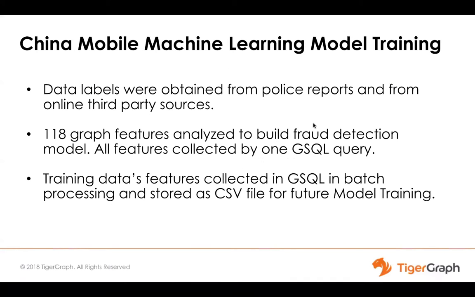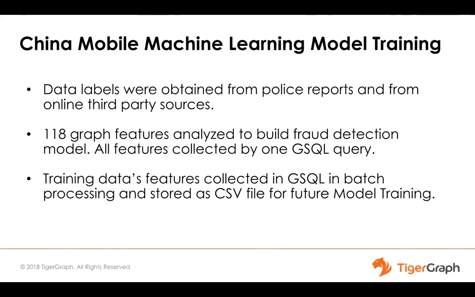And how do we train the model? Initially, we got some data labels from the police reports and from some online third-party sources. We got phone labels, then we collected features for those training samples. We get some candidates, and we get feedback from China Mobile so that we can further improve the accuracy of our model.